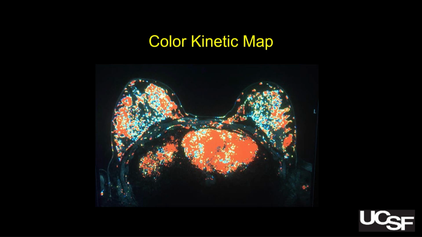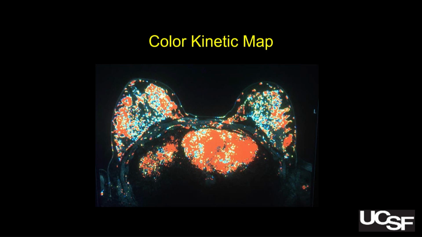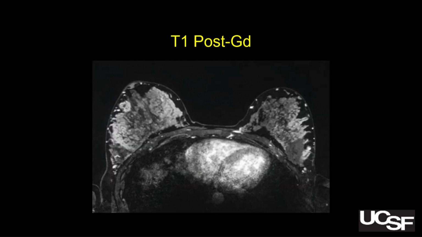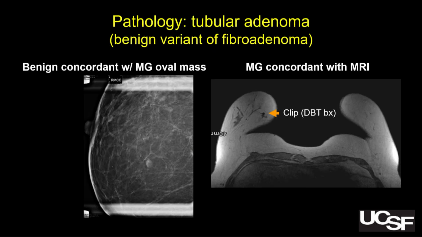So this color was real. It's not artifactual. I withheld some history, but this is a very characteristic look for it. When you see these more fluffy looking areas of enhancement and fluffier tissue, I bet if I showed you a mammogram, a lot of you would get it because you're used to seeing this at mammography. And if not, okay. She is 37, I think.